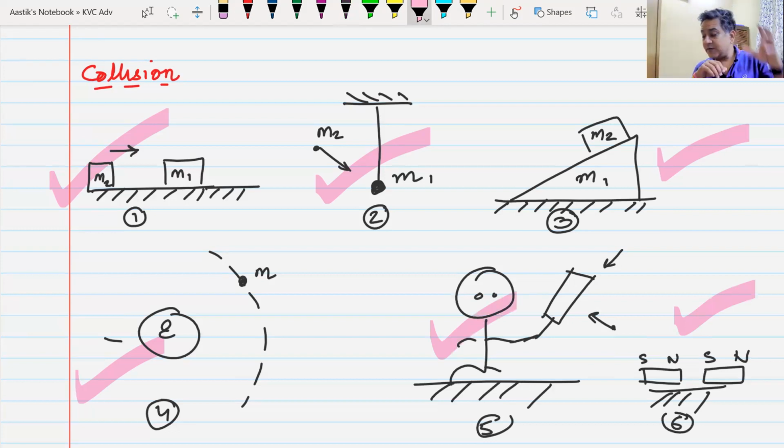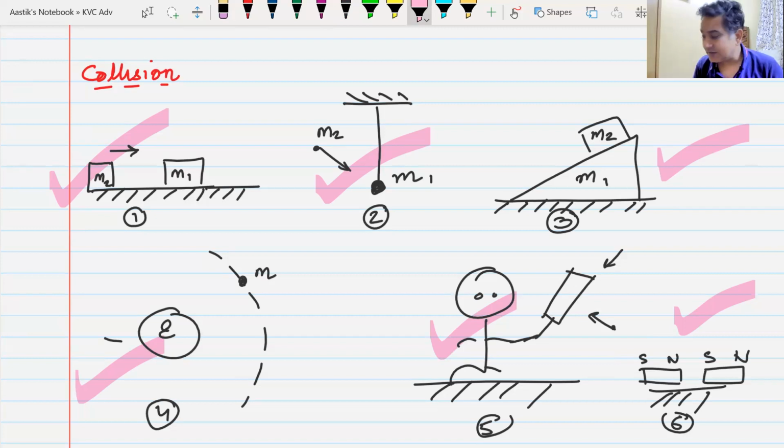Now, what is different between case number 1, 2, 3, 5, and 4 and 6? In case number 1, 2, 3, and 5, they're actually coming in contact and then exerting force on each other. In case number 4 and 6, they are not coming in contact, but still they are exerting force on each other. All of these are collisions.